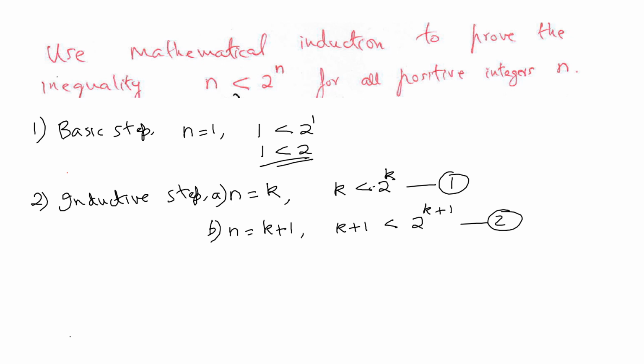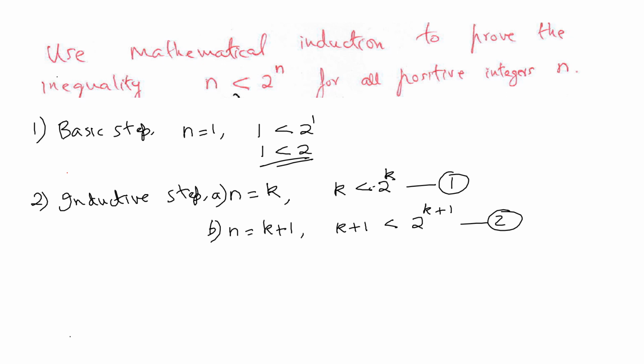Now you see equation 1 and equation 2. Our aim is to prove equation 2. But to prove equation 2, we have to start from equation 1. Now if you compare the left hand side of equation 1 and 2, what is extra in equation 2 is that plus 1. The same plus 1 is missing in equation 1, right? So that we will have to add.